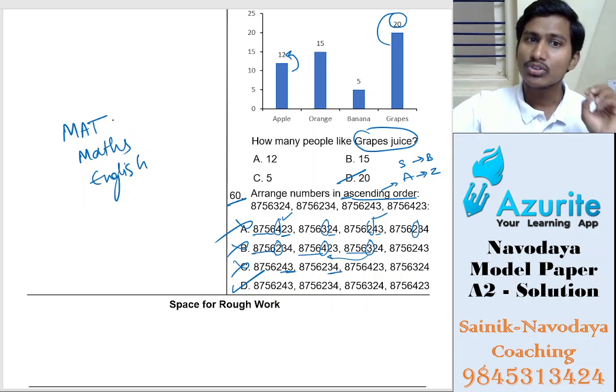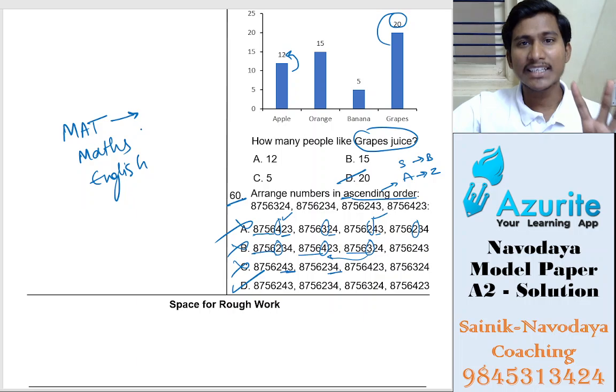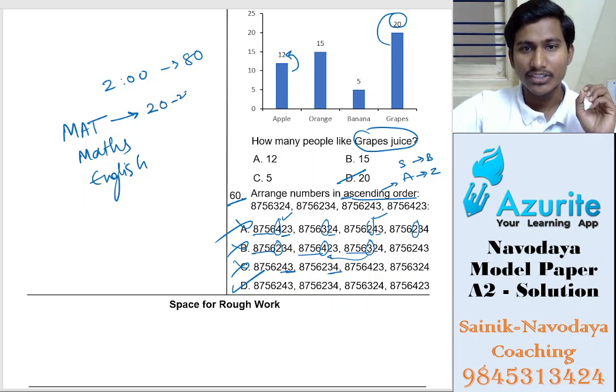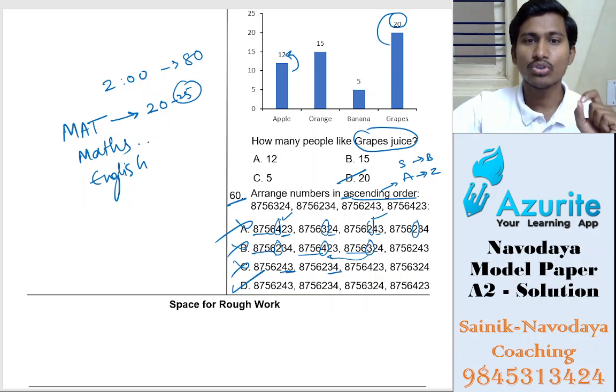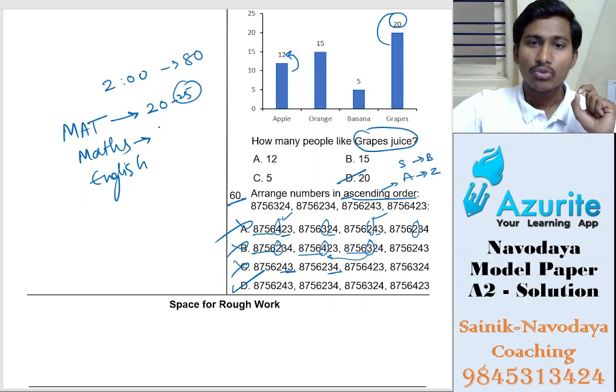So if you should complete mental ability, there will be how many hours? 2 hours for 80 questions, right? So you should complete mental ability in 20 to 25 minutes. If you take 25 minutes also, do maths for nearly around 40 minutes. How many minutes? 40 minutes.